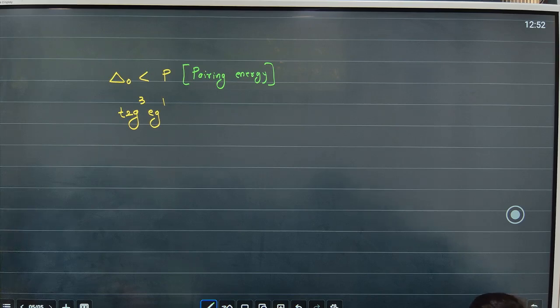What do you mean by WFL, people? Weak field ligands. They form high spin complexes.